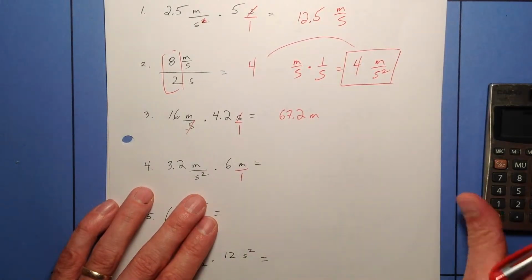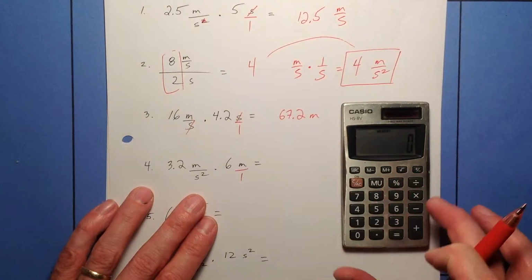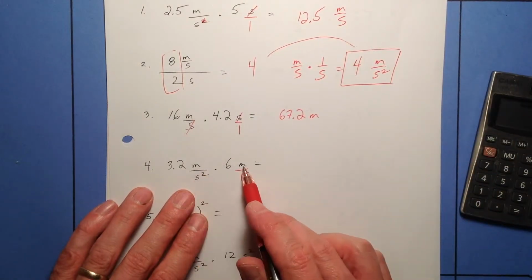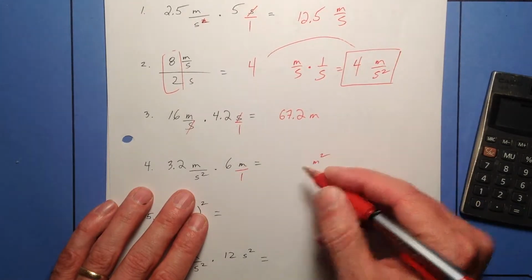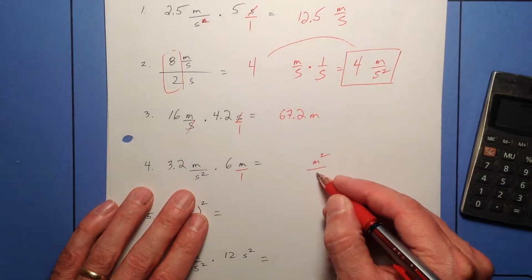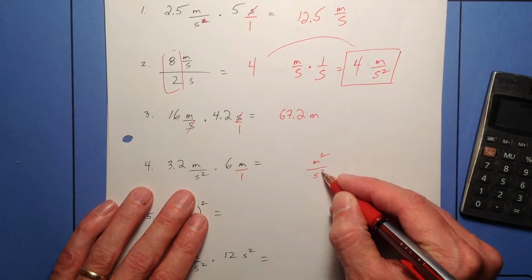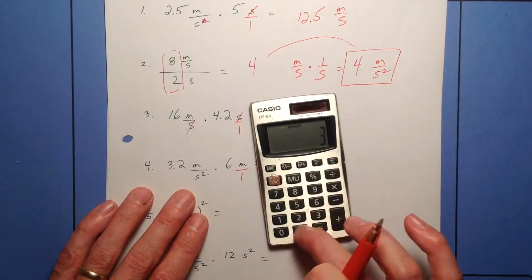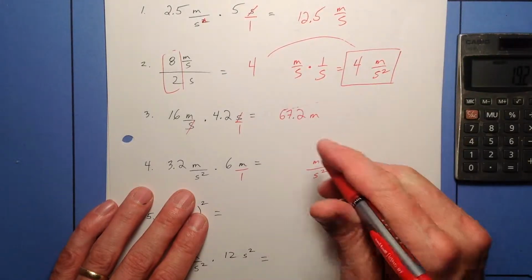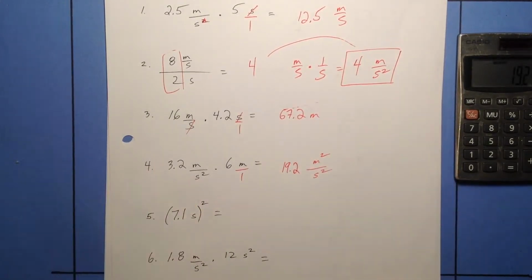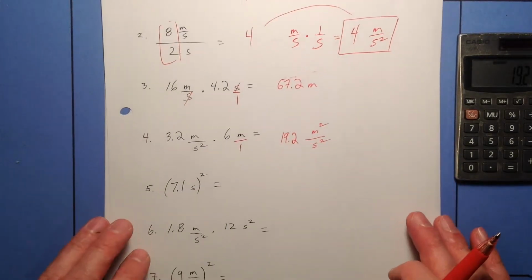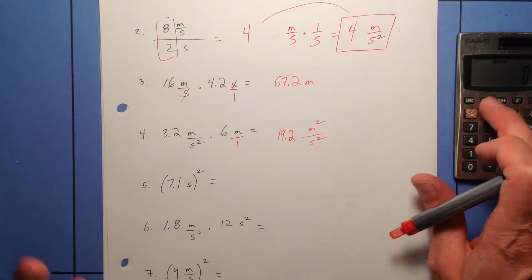Put that over 1, and let's do the units first. Nothing will cancel here. Meters times meters will give you meters squared. Second squared times 1 is second squared, and 3.2 times 6 is 19.2. 19.2 meters squared over second squared, and that sounds weird, but you get that sometimes.